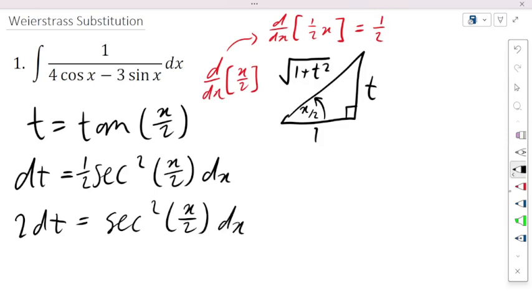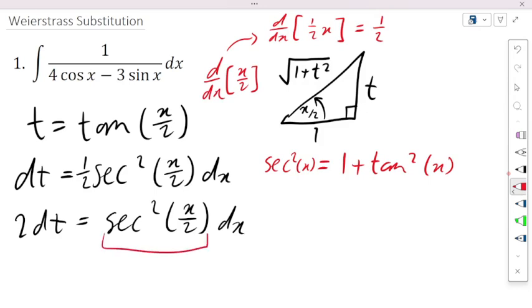Now what are we going to do from here? Because remember that we had tangent of x over 2. But what are we going to do with the secant square of x over 2? We need to recall our identity that tells us that 1 plus tangent square of x is equal to secant square of x. So we are saying that secant square of x over 2 is actually just going to be 1 plus tangent square of x over 2.